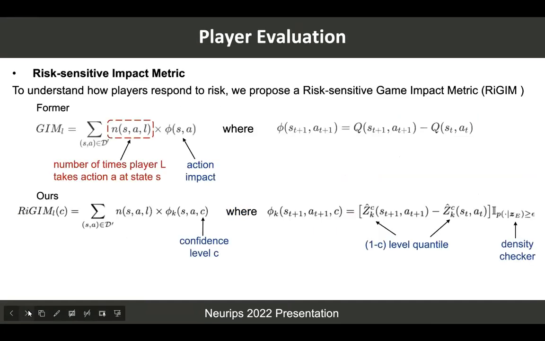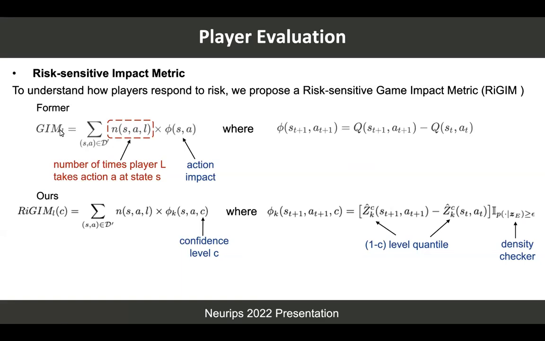With all these techniques we have done, it's ready for us to define a risk-sensitive player evaluation metric. We first see the basic player evaluation metric defined in previous work, called the goal impact metric.